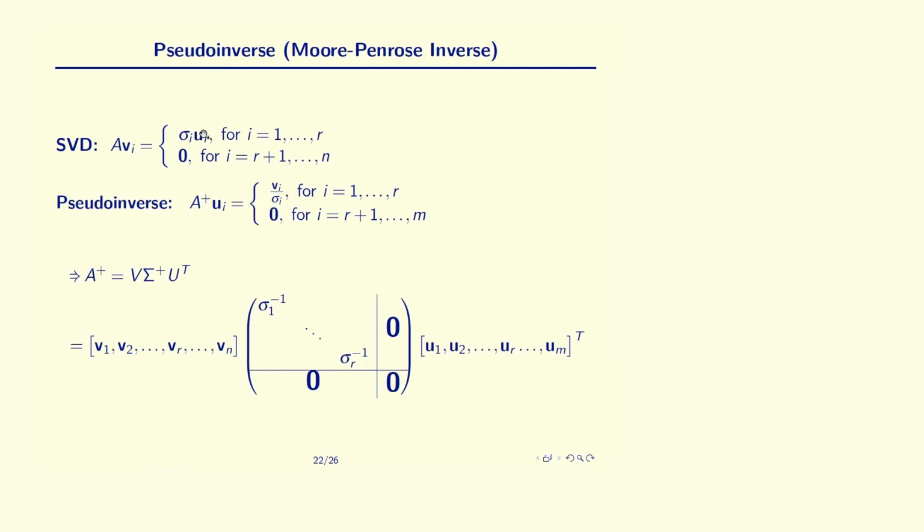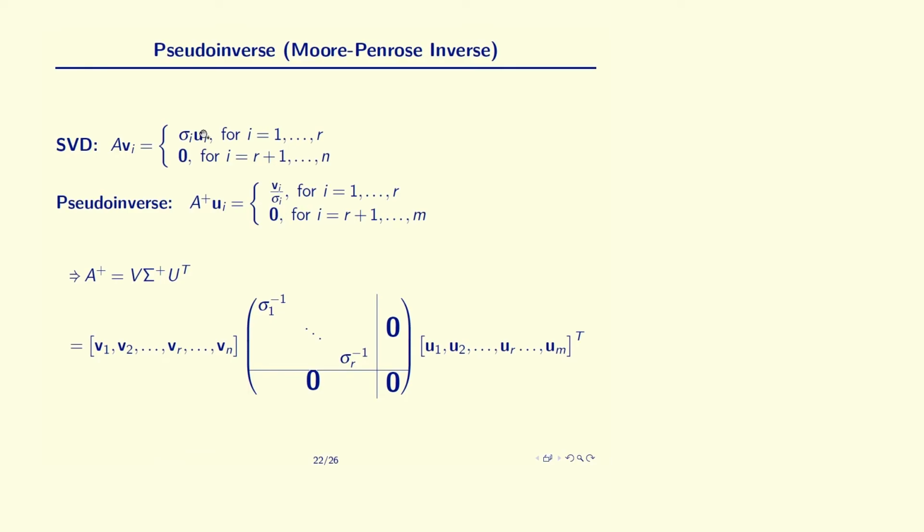We know that for a linear transformation, if we know the images of a basis, then we know that linear transformation completely, because we can then compute it for any vector in this space.